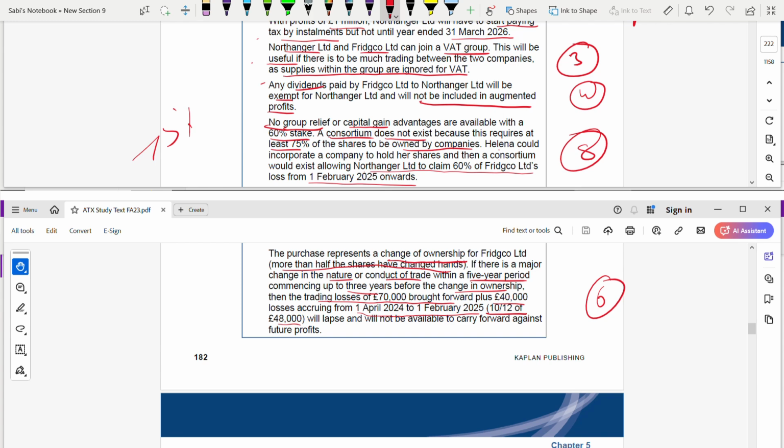How did you get that 40,000? Simply 10 months of 48,000. Okay. This will lapse, and you cannot carry it forward against future profit if there's a major change in nature and conduct within this period.